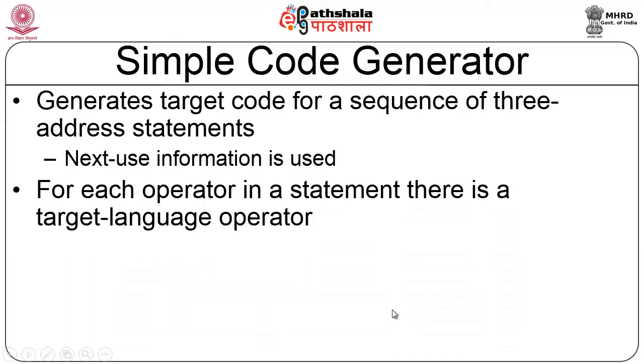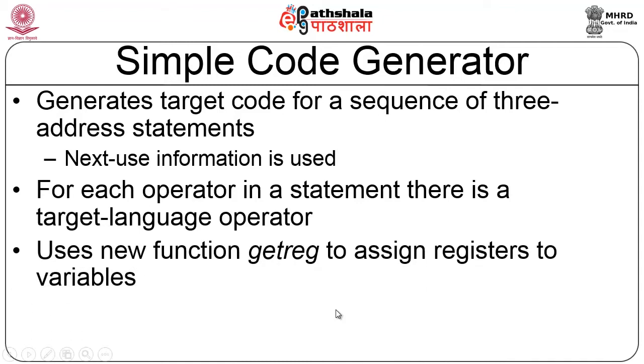So for each operator in a statement, there is a target language operator. Okay, that is the assumption here. For example, you have a multiplication operator, and then you assume that there is an opcode called multiplication in the target language. That is your assumption. And then we are also going to use a new function called getReg, which is getRegister, to assign registers to variables.